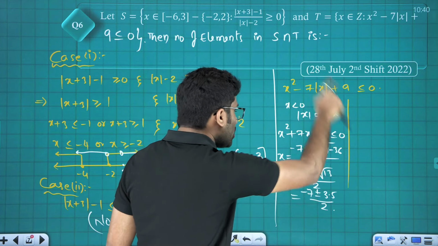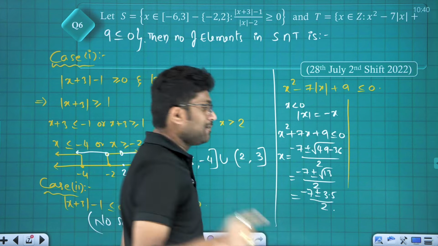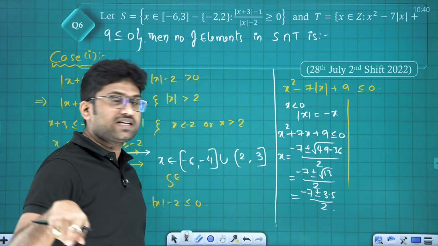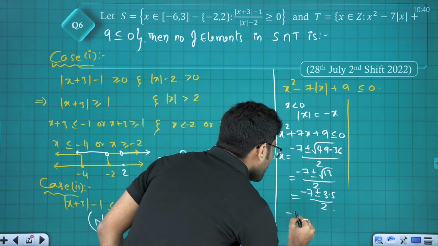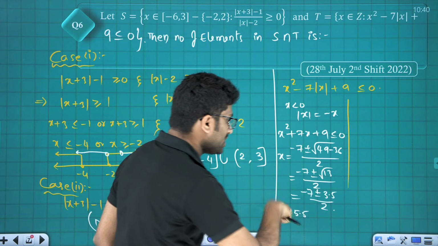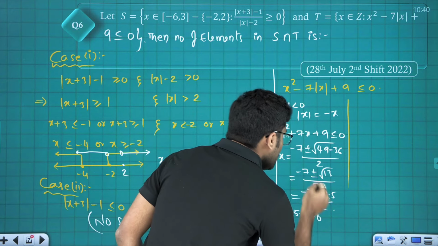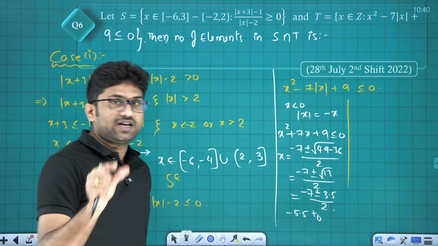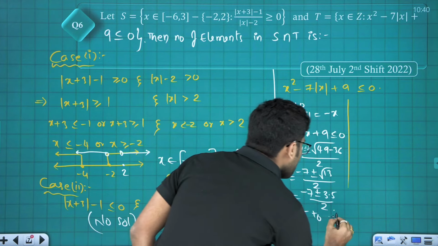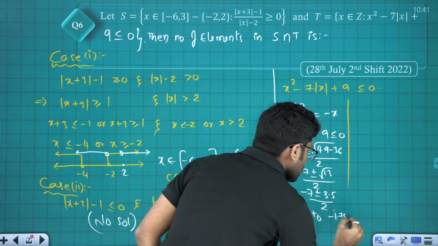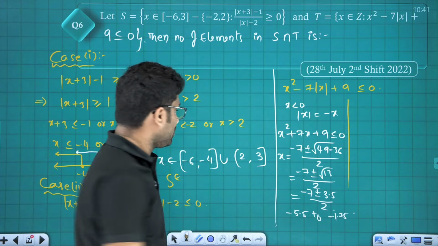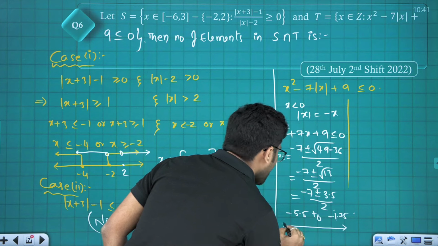So this less than or equal to 0 means minus 7 minus 3.5 is minus 10.5, and minus 10.5 divided by 2 is minus 5.5. So from minus 5 point something to minus 7 plus 3.5, that is minus 3.5, and minus 3.5 by 2 is minus 1 point something, approximately minus 1.75. So from minus 5.5 to minus 1.75, what are the integers do we have?